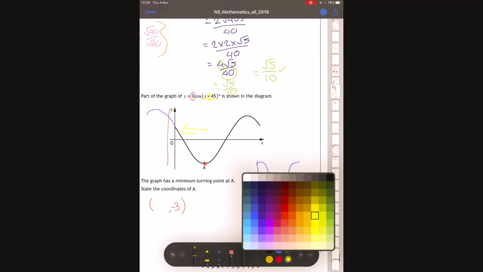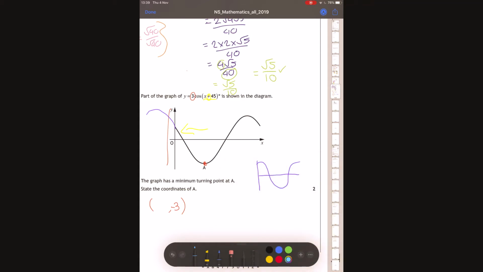The way I remember this is that intuition would tell us that if this is a plus, then you would shift it to the right. So what would it look like if it was shifted to the right? A cosine graph shifted to the right would be maybe something like this.